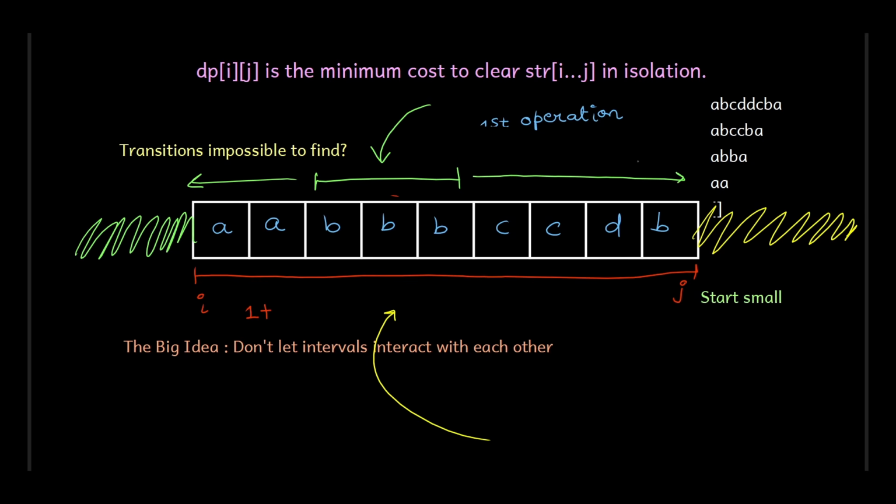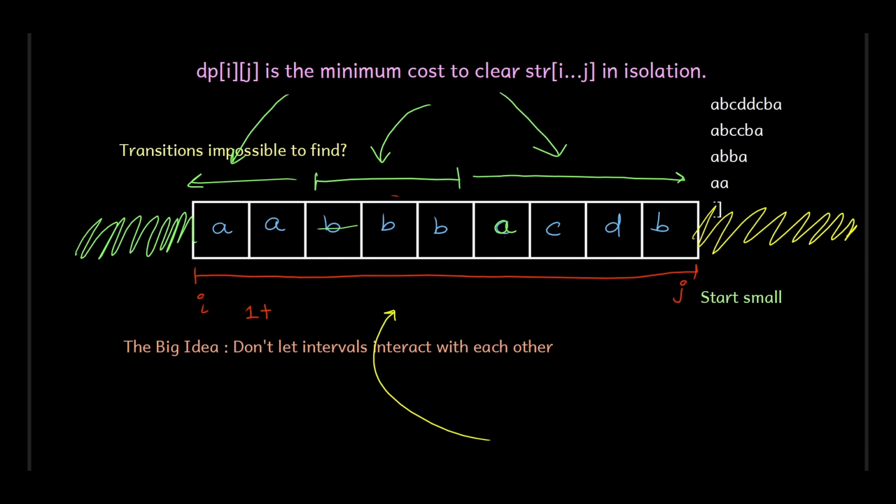In DP problems, isolation is good, but here it will actually lead to an inconsistent result, because instead of a C, it could be an A over here. And then you can see that if you solve it independently, then your logic is incorrect, because this A interacts with this A.